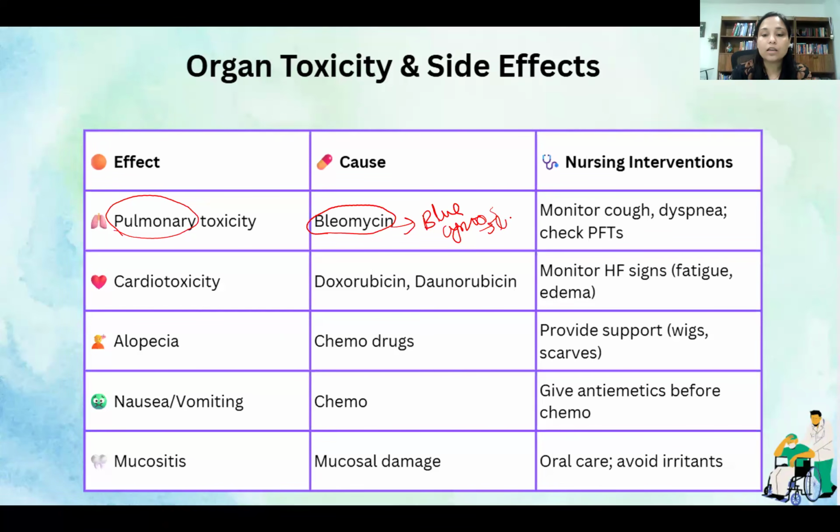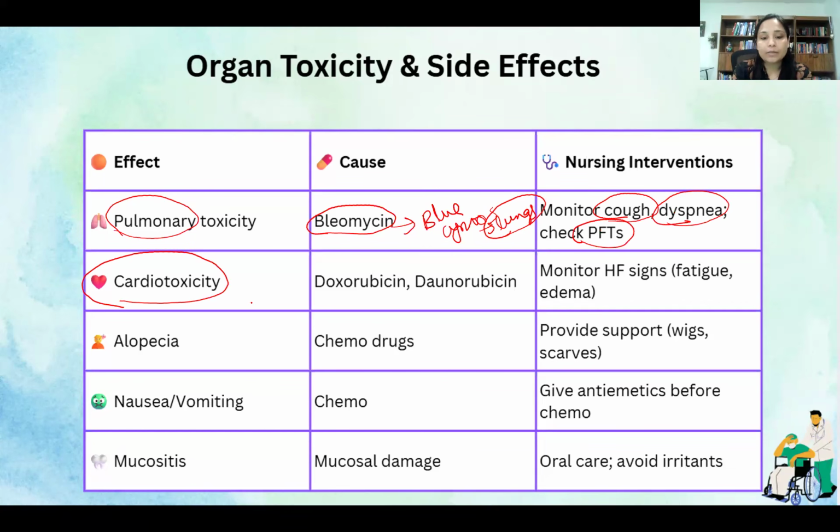Cyanosis is related to lungs. So pulmonary toxicity is by bleomycin: blue, cyanosis, lungs. You have to monitor the patient for any cough, shortness of breath, and for pulmonary function tests. So if a patient is on bleomycin, you check for the blue, cyanosis, lungs.